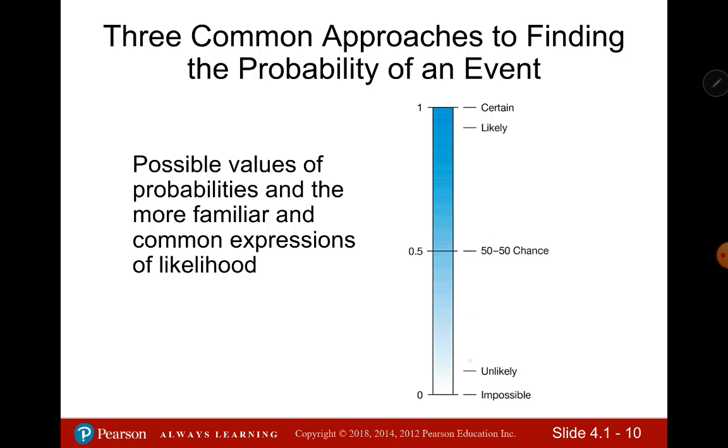If the value is very close to 1, then we will say this event is very likely to happen. But if the probability of an event is very close to 0, very small, like 0.001, then we will say this event is unlikely to happen. So that just tells you the likelihood of the event.